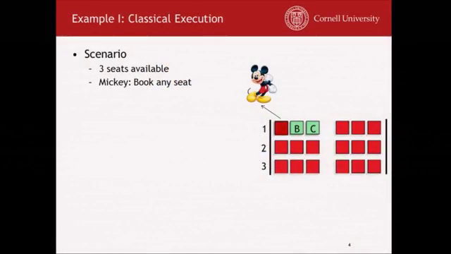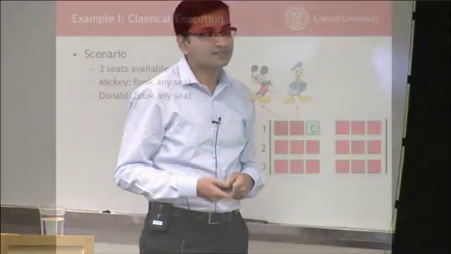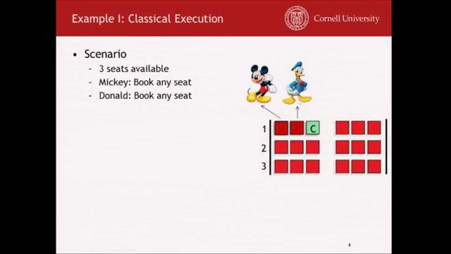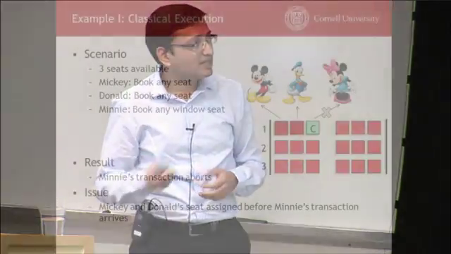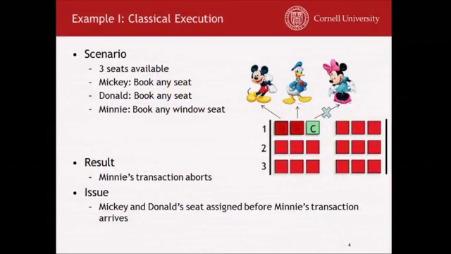Let's say Mickey issues the transaction, the program which I just showed you, to book any seat, and he gets seat 1A. After that, let's assume that Donald issues a similar transaction, and he gets seat 1B. Finally, Minnie issues a transaction. However, Minnie has an additional constraint that she only wants a window seat. Now, the only window seat which was available, namely 1A, has already been allotted to Mickey. And therefore, Minnie's transaction had to abort.